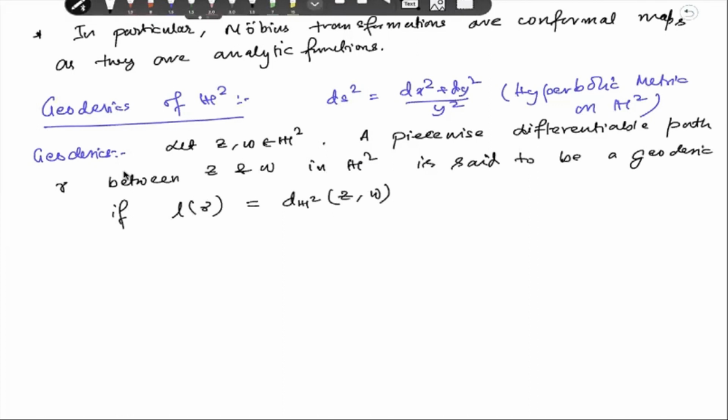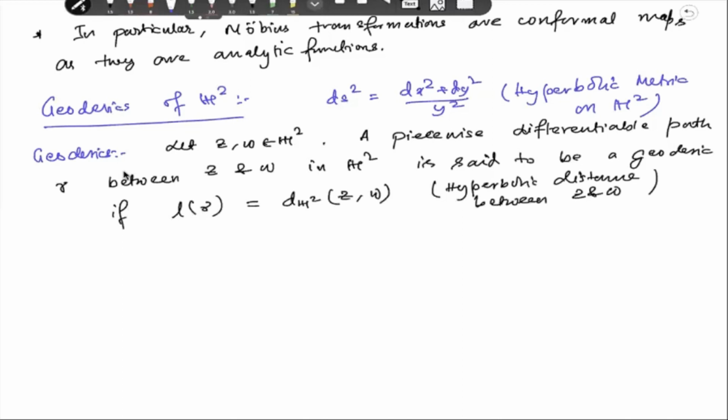Here d H2 is the hyperbolic distance between z and w. So gamma is a path, and if it realizes the distance, then we call this gamma a geodesic.